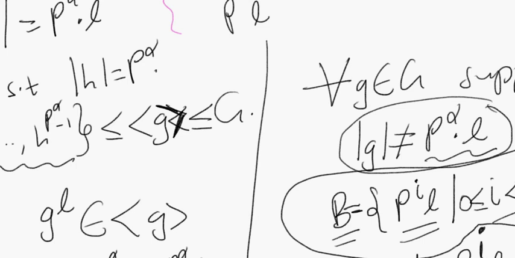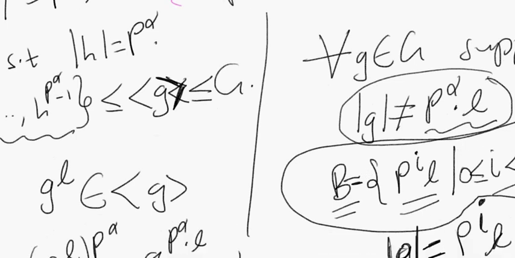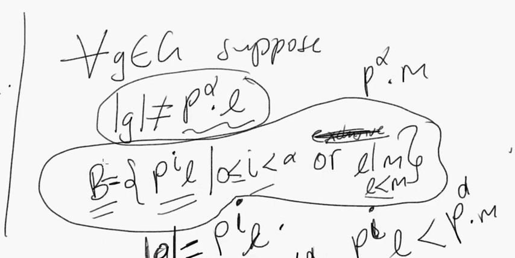So perhaps this may enable us to complete Sylow's theorem, a study of the set of all possible proper divisors of P to the alpha times M, which seems to exclude the element P to the alpha times M.